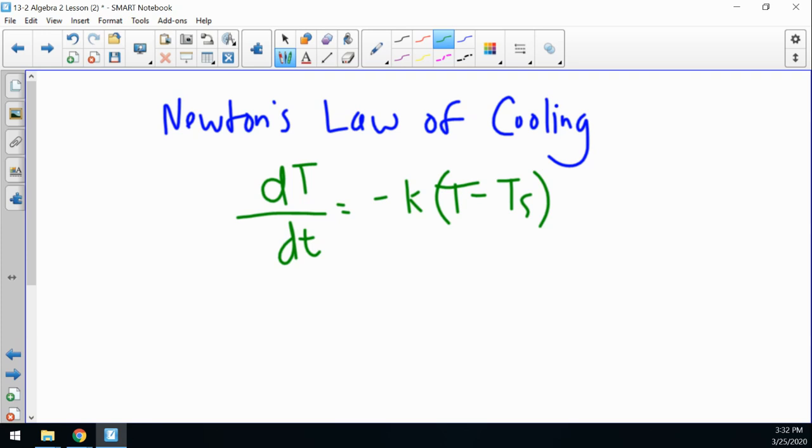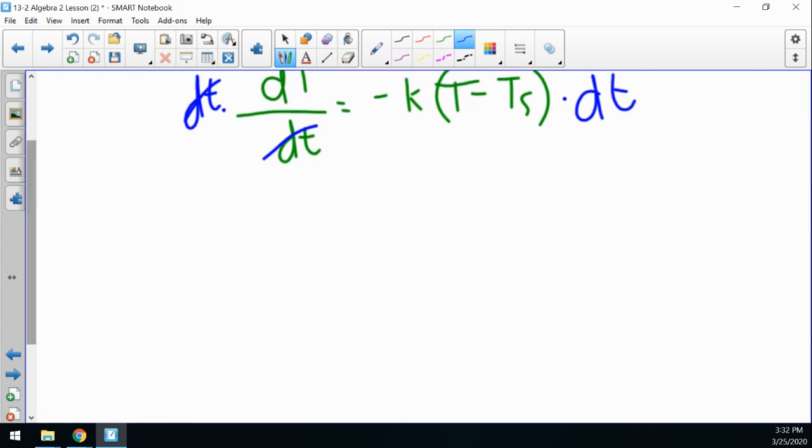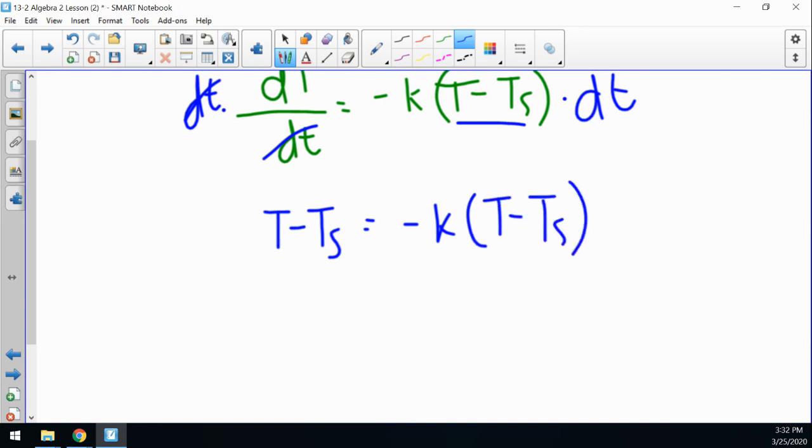And so what we end up getting is, if we multiply both sides by dt, you get big D of t, which is the change in t, which is t minus ts, equal to negative k times t minus ts.